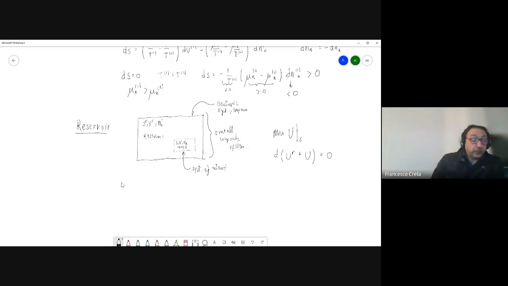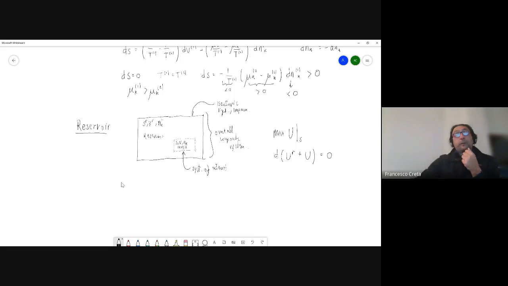Now, the idea here, which I'll do next time, is essentially to write down an expression for U^R, and depending on what kind of system this is, I will derive a totally equivalent equilibrium condition, specialized for this particular system of interest.